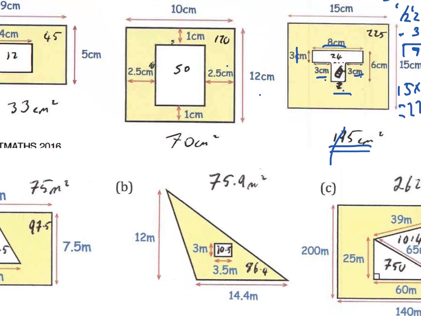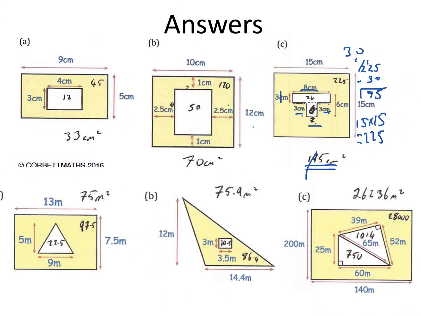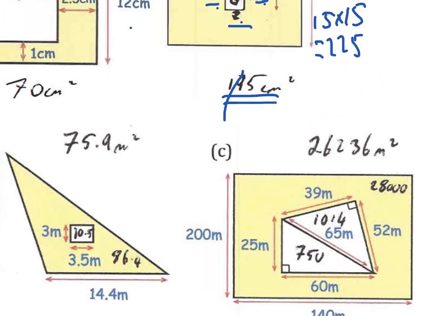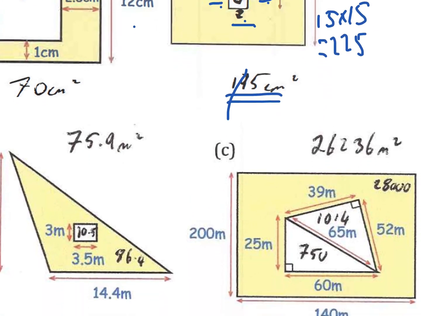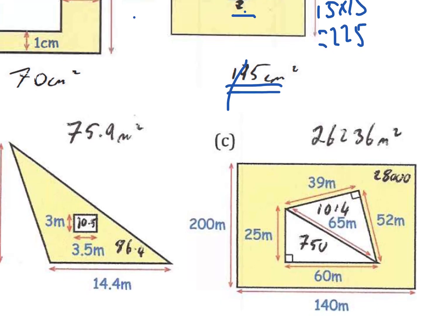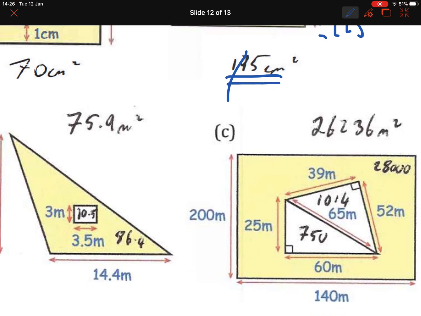The rest of these are down here. Okay, these ones are pretty basic to figure out. With this one, what they've done is 25 times 60. Divide that by 2 to get 750.